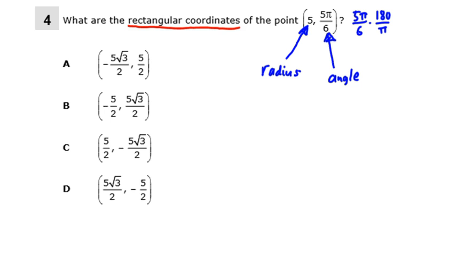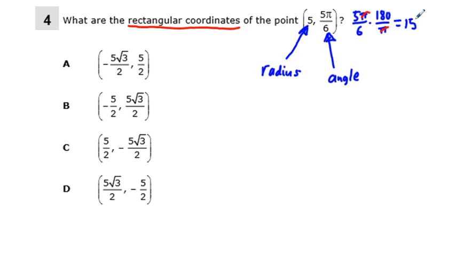Well, pi over pi cancel, and what we're left with is 5 times 180 over 6, so we're left with 150 degrees. And this especially helps if our calculator's in degrees mode, which ours happen to be most of the time. So we're going to go on from here.